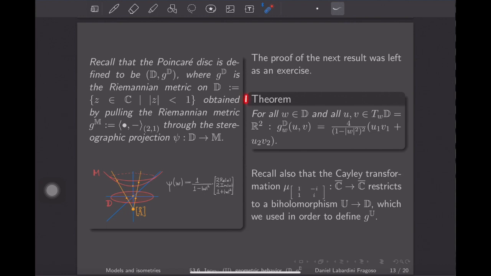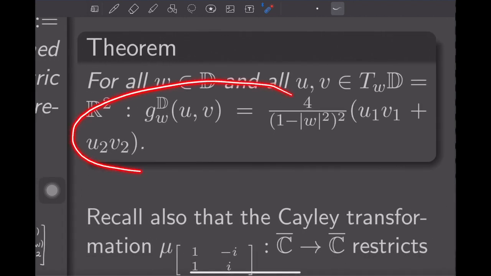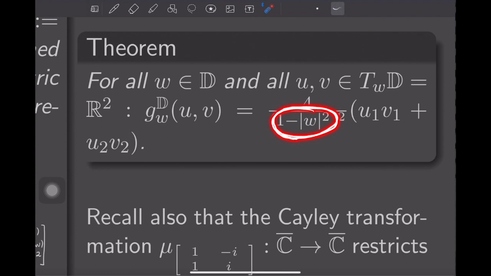Recall also that there was this theorem, whose proof was left as an exercise, that computes explicitly this Riemannian metric for the Poincaré disk, that gives an explicit formula. And recall also that there is some intuition to be drawn from this formula, which is that close to the complex unit circle, distances become really large.